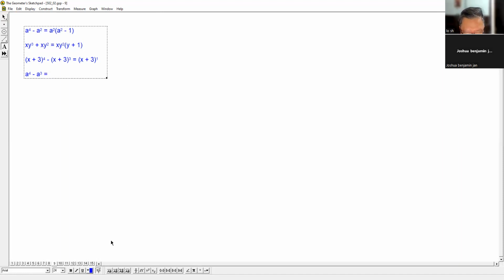What is the common factor here? A to the power 3, then times a minus 1. This is correct, exactly the same as the top one. How do you do it? A to the power of 4, a to the power of 3. What do you have here?